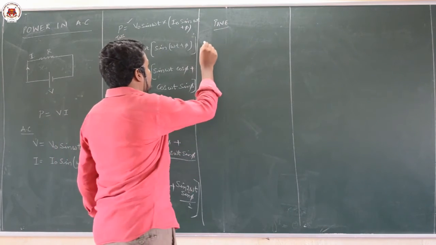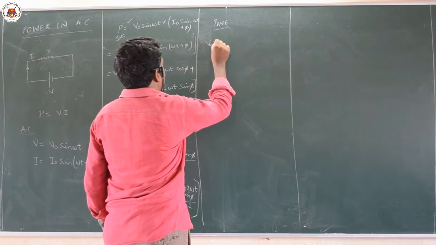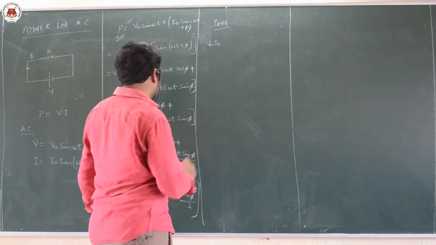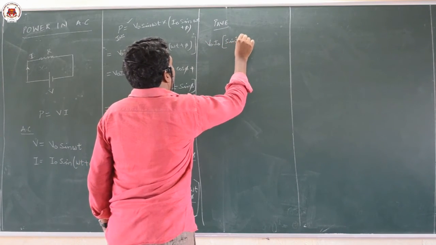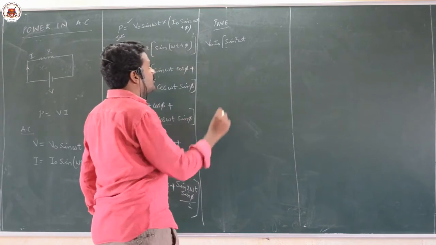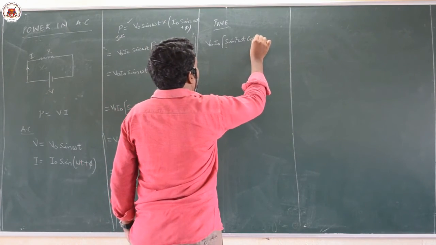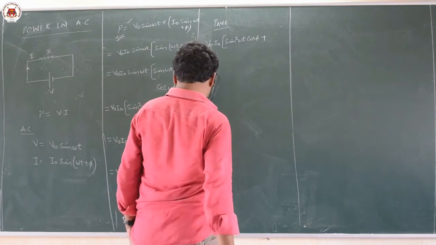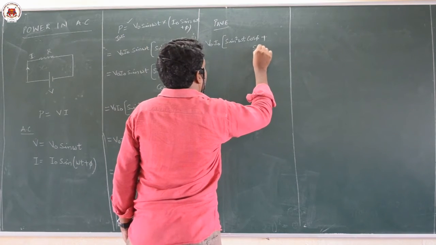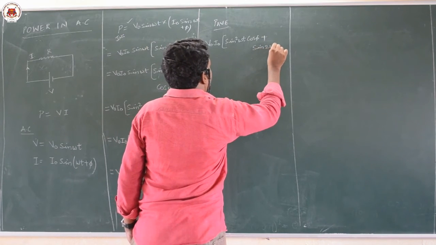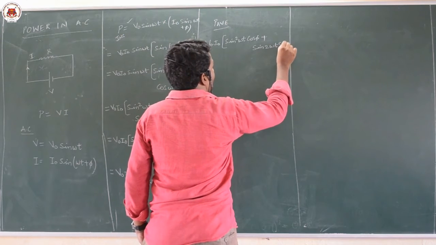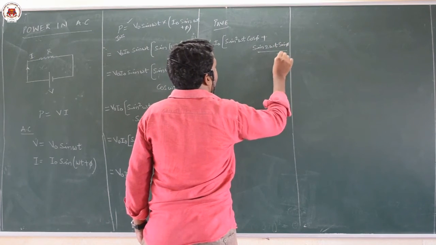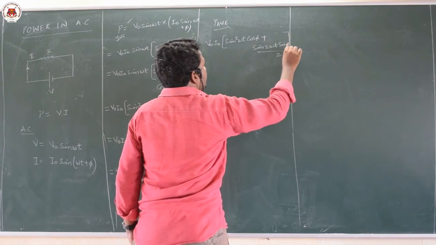So, the instantaneous value is V naught I naught sin square omega t cos phi plus sin 2 omega t sin phi by 2. This is the equation left.